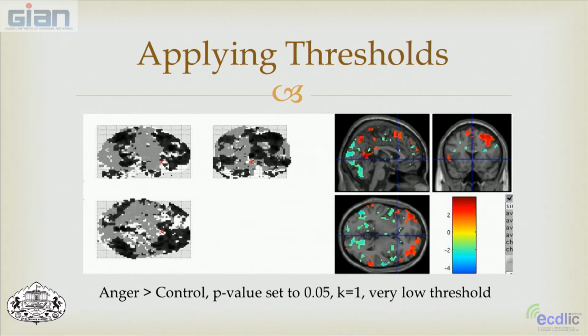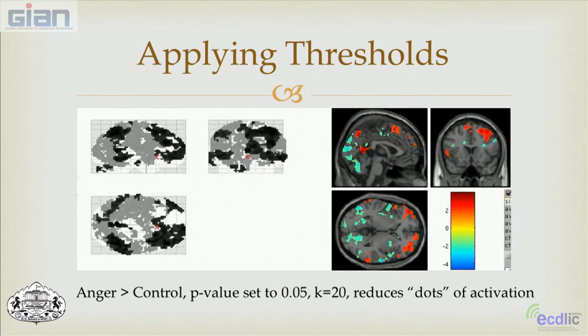So any voxel or any cluster that's equal to 1 or greater can be active. And what we see here is a lot of little spots and a lot of activity, because we've allowed our cluster size to be 1 or greater. So that's a pretty small cluster size. So what's going to happen if we restrict our cluster size now to be equal to 20? We still have a low p-value of 0.05.